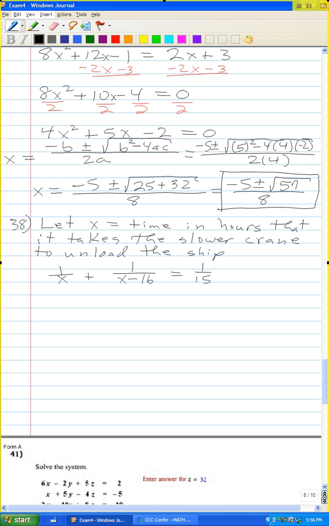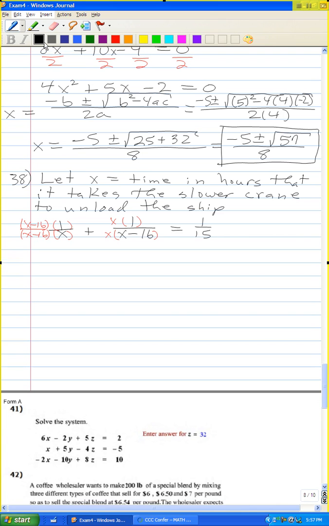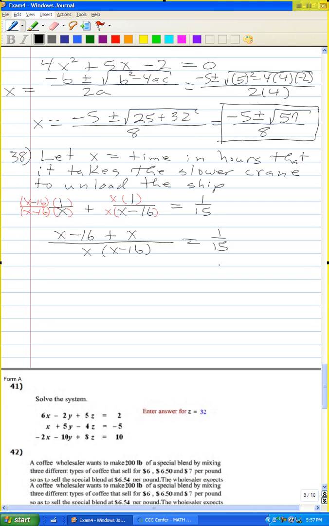Maybe what I'll do is, first, I'll multiply and divide by x minus 16. And so I get x minus 16 over x minus 16 plus x equals 1 over 15.